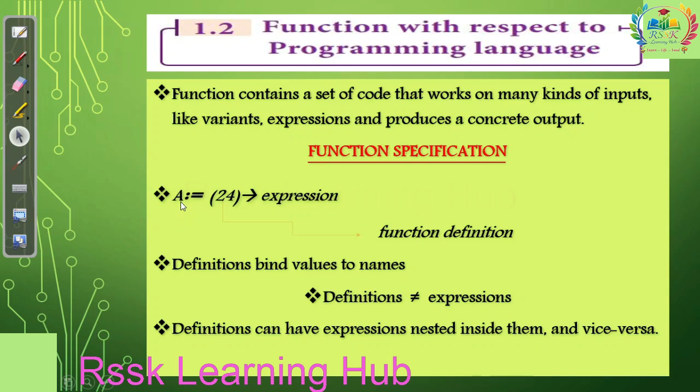So A equal to 24 is called an expression. A definition can have expressions nested inside it, but not every definition is an expression. Definition is one part, and it will have an expression.